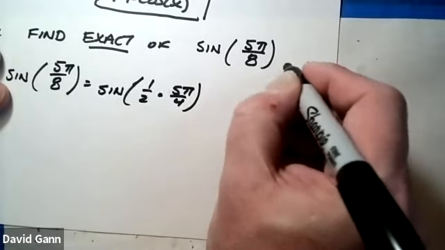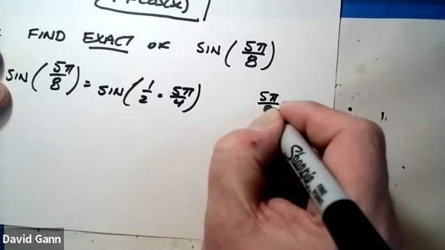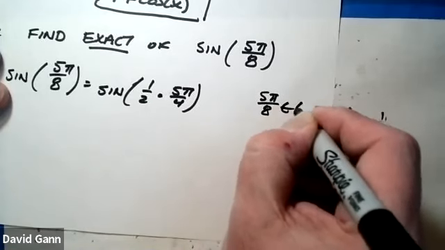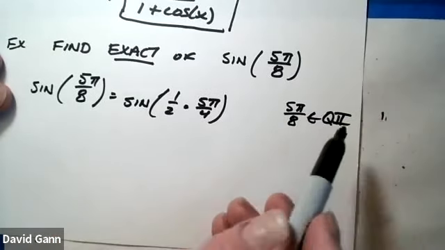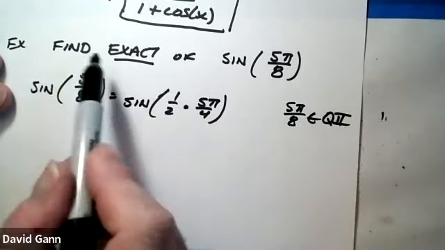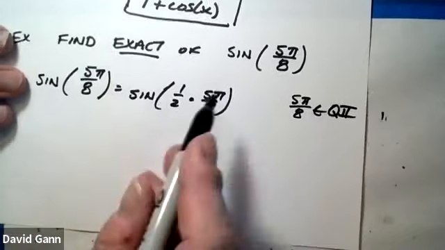So just to be clear here, 5 pi over 8 is in Q2, because that's going to tell us whether we use plus or minus. And in this case, because it's quadrant 2 and the function we're looking at is sine, we're going to take the positive branch. But let's continue here.